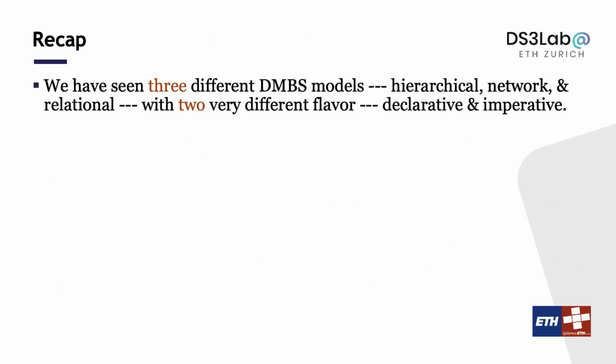Just to recap, we went through a little bit of the history of data modeling. We saw three different data models: hierarchical model, network model, and relational model. They have very different flavors. Two of them, the hierarchical model and the network model, are imperative. To query the data, you need to know how data are organized, and you need to tell the database how to find the record you want.